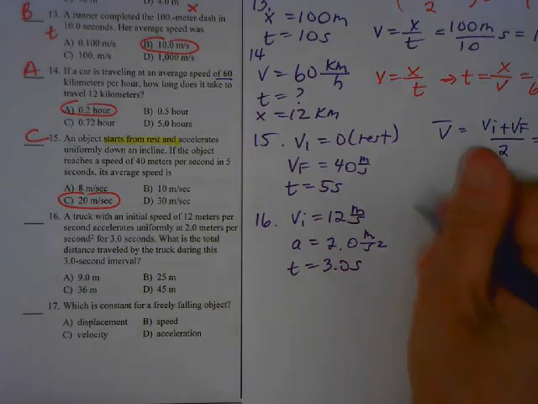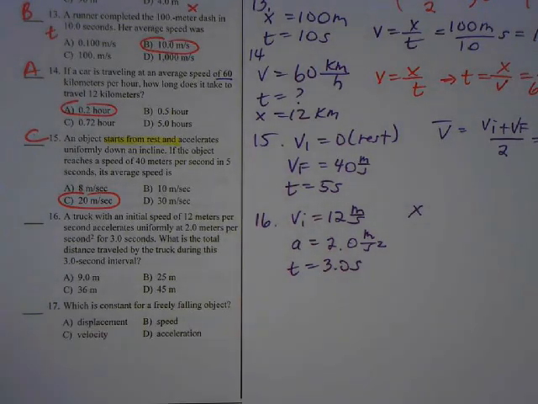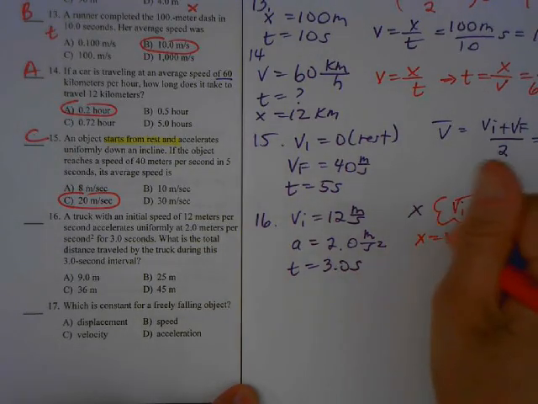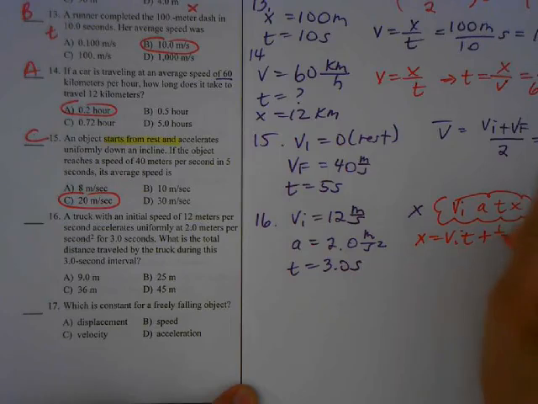What is the total distance? I want to find x. So now I say which equation has those 4 variables, vi, a, t, and x. So that's the equation x is vi t plus 1/2 a t squared. So I substitute in my values.